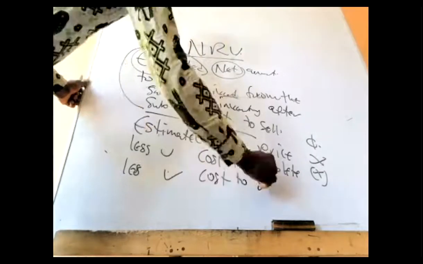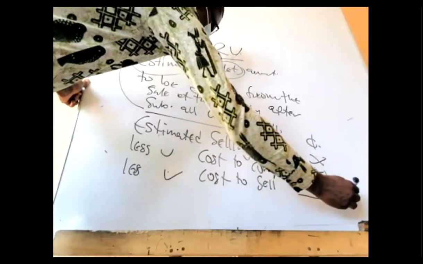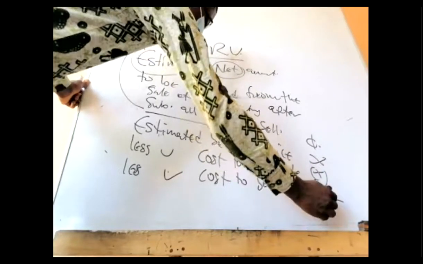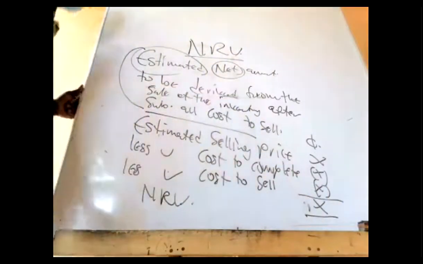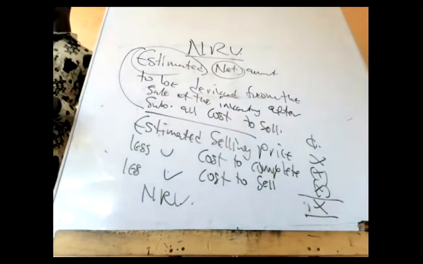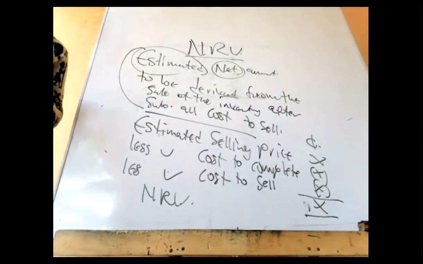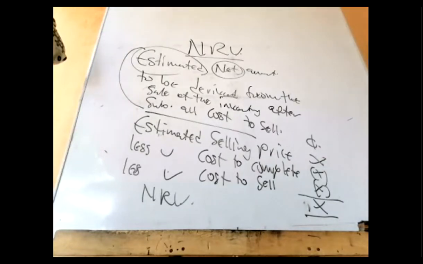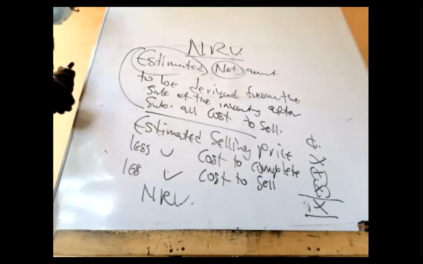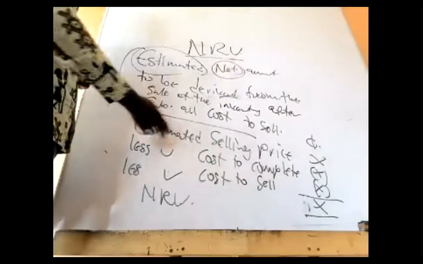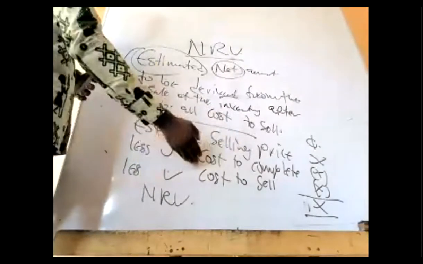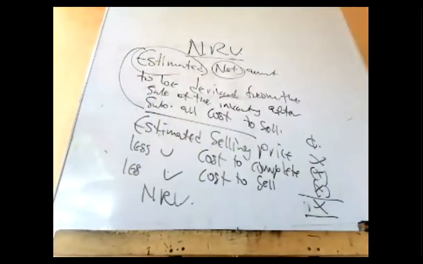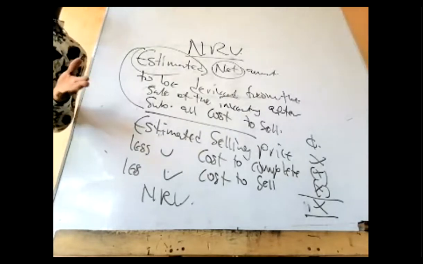At the end of the day, the answer will be the NRV. That is the formula for finding NRV. So if you are explaining NRV or giving me the formula or the definition, I must say estimate three times: estimated selling price, estimated cost to complete, and estimated cost to sell. You subtract all the costs.